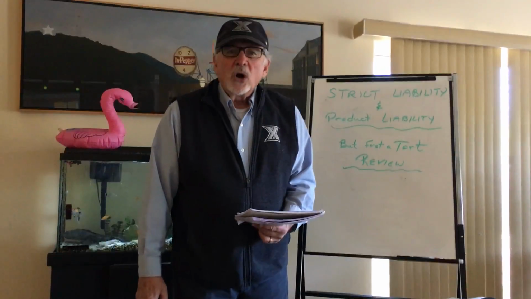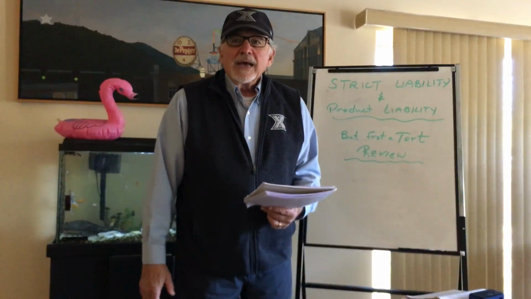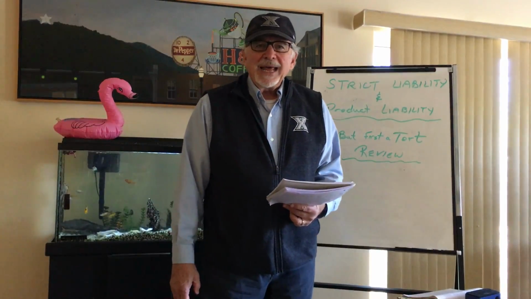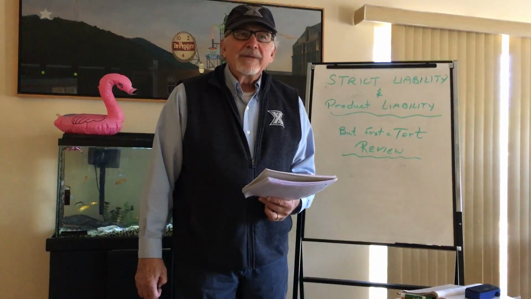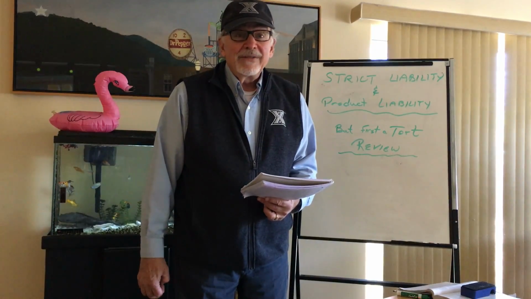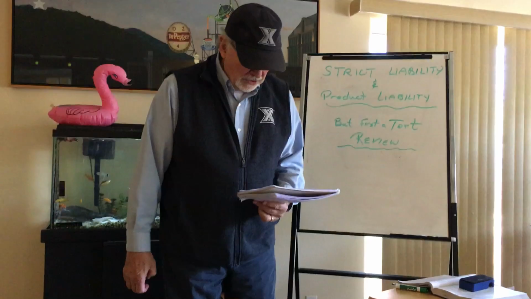But in torts, there can be punitive damages, and they are damages designed to punish the defendant for wrongs that they've committed. You very seldom find punitive damages possible, so don't ever expect to get them, but sometimes you can.